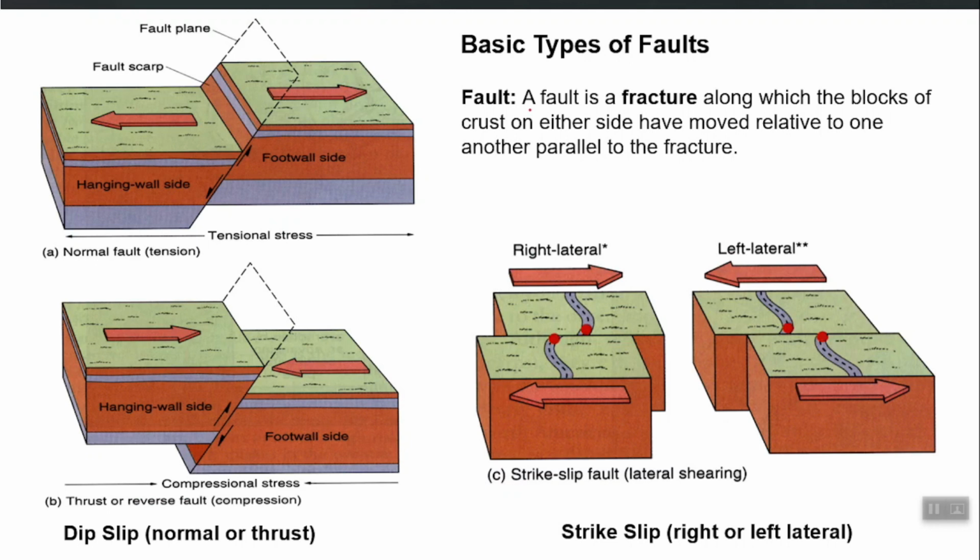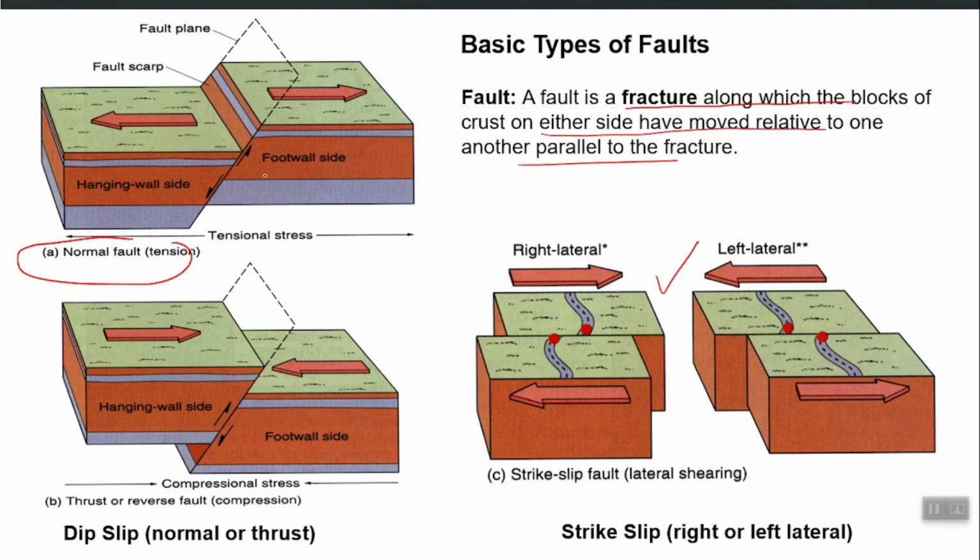We call them faults. It is a fracture along which the block of crust on either side has moved relative to one another, parallel to the fracture. Normal fault, you can see here that this inclined plane is the fault plane. So it's not necessary that the fault line or the fracture is directly vertical, just like in this case, right? It can be inclined also.